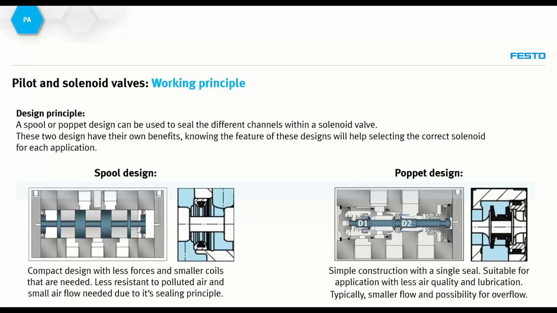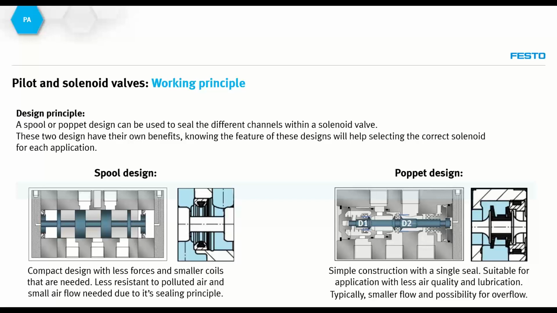By moving this plunger in the middle from left to right, we are able to block off the different channels and direct the flow to the different areas where it is required. The benefit of this is that there are smaller coils. We also use less force to operate this design principle, and with less force, less friction is also seen.